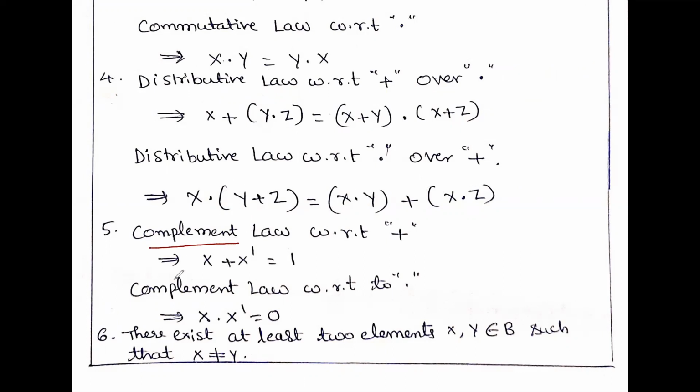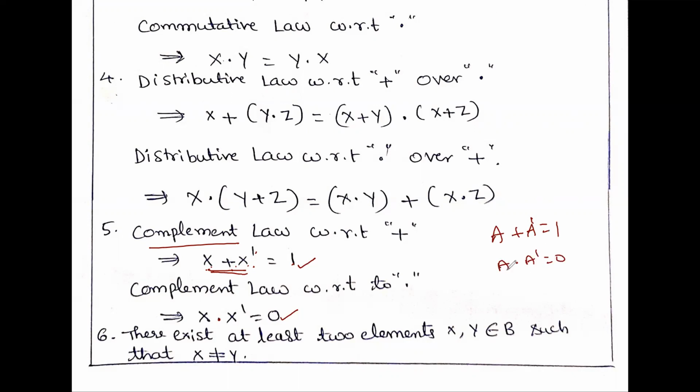Now let us move to the complement law. Complement law means x plus x dash: x is added with x dash, that means 1. So when we add the complemented value, the resultant is 1. When we multiply by the complemented value, it gives 0. That means a plus a dash equals 1, and a dot a dash equals 0.